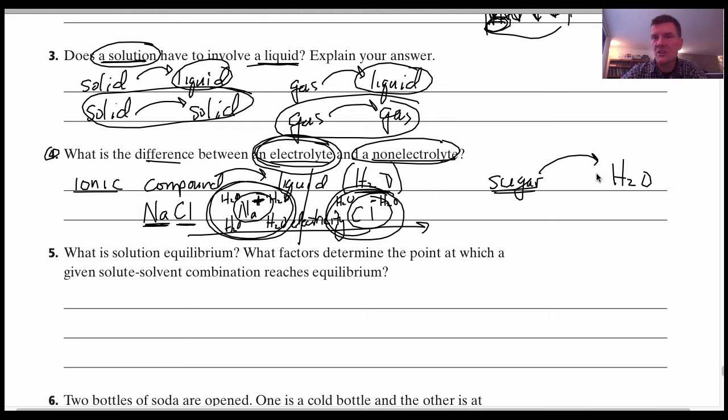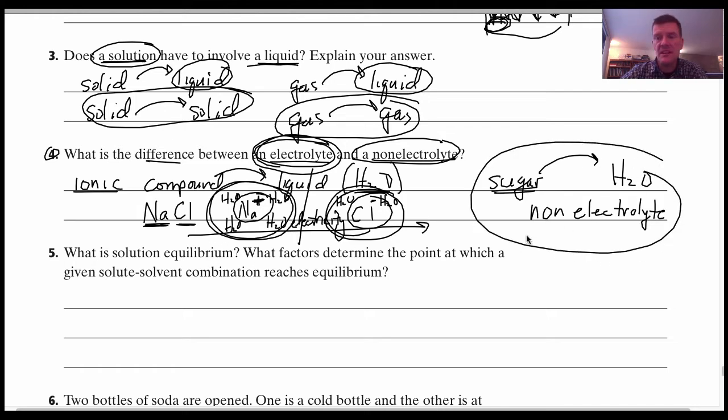The sugar is just going to dissolve into smaller and smaller particles until you maybe get down to the molecular level, and one molecule of sugar is surrounded by a bunch of waters. But there's not going to be any charges, no ions involved, and so this is a non-electrolyte. And this would not conduct electricity. A non-electrolyte does not conduct electricity.